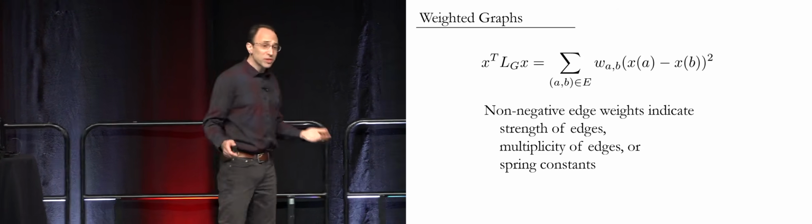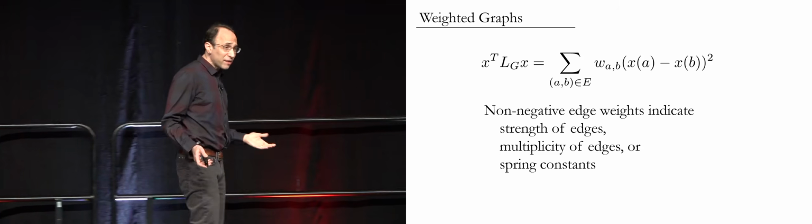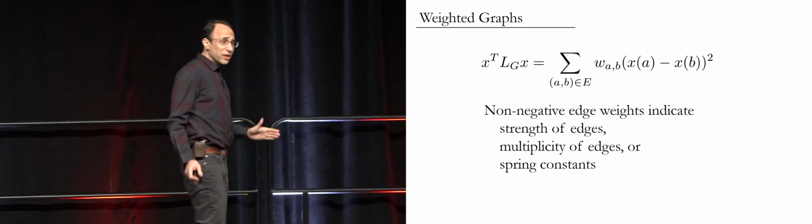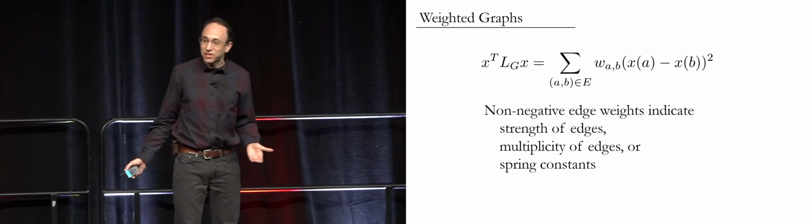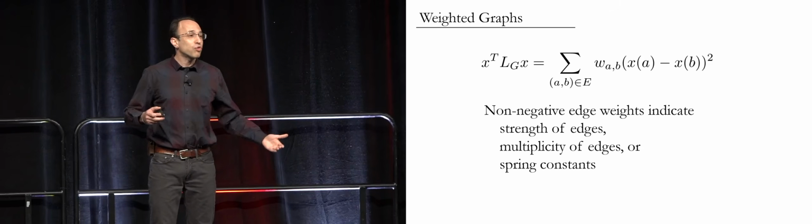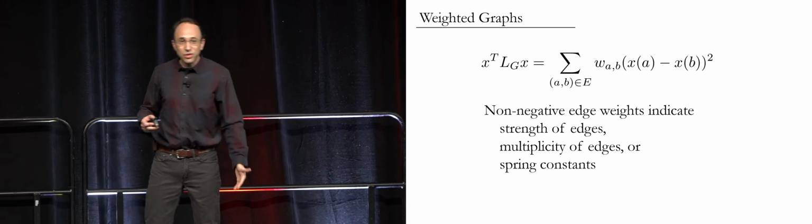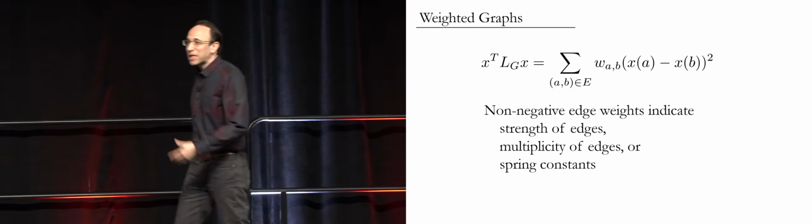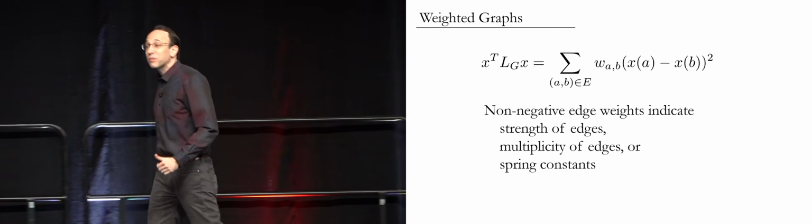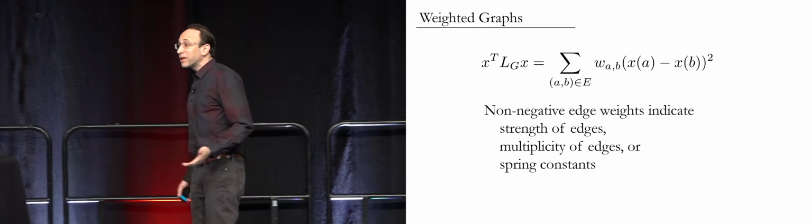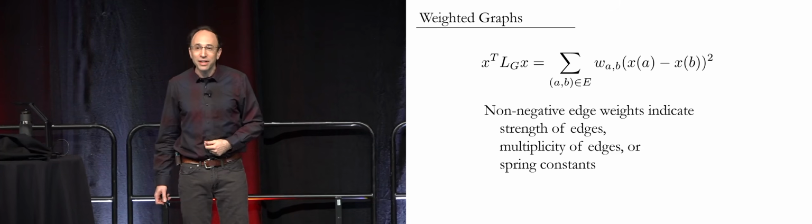You can also, of course, define the Laplacian matrix for a weighted graph. By weighted graph, I'm going to think about weights on edges. There are many reasons you want to put weights on edges. You might want to indicate the strength of an edge. If you're looking at a social network, it indicates perhaps how important a tie is or how frequent the communication between two people is. If you're looking at a spring network, that should be the spring constant.